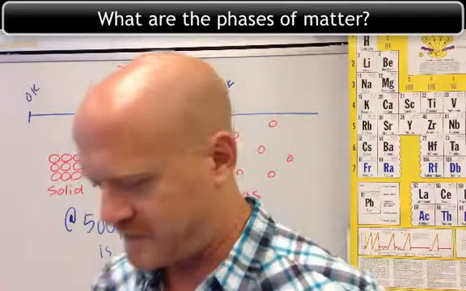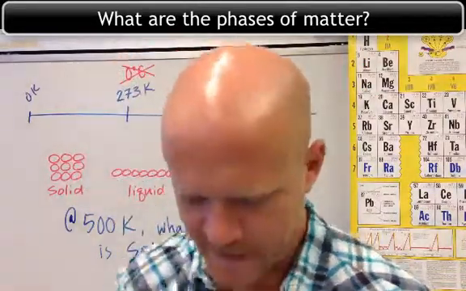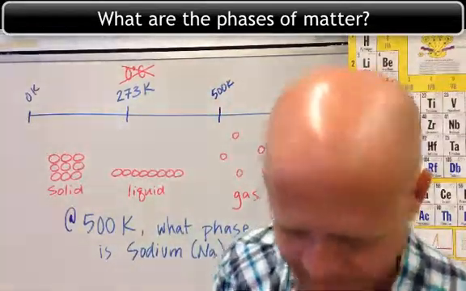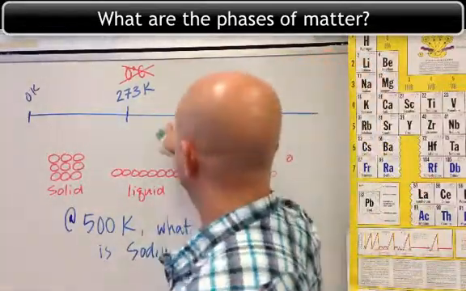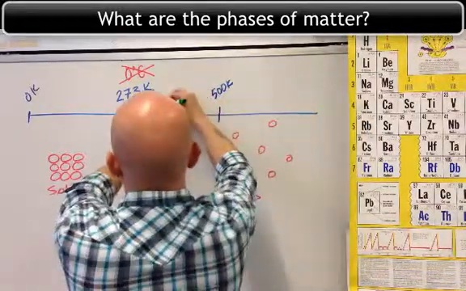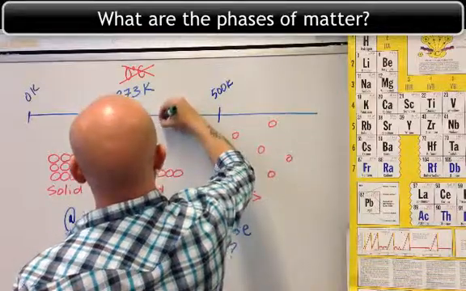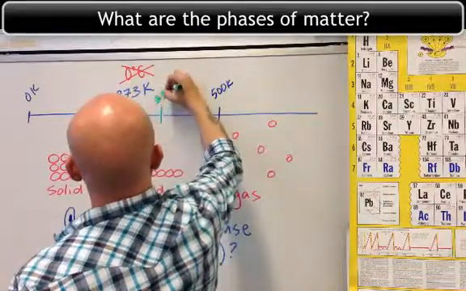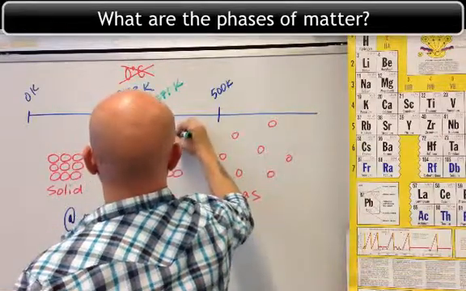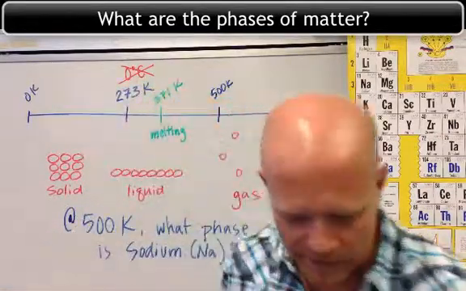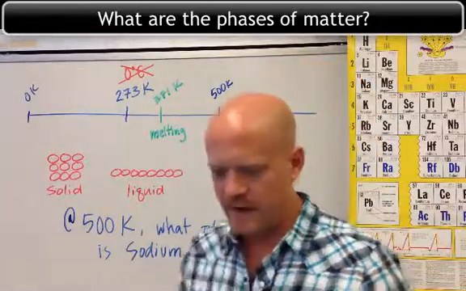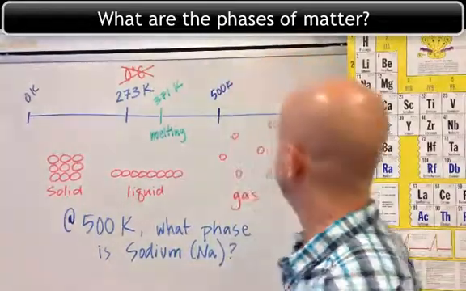The melting point for sodium is 371 Kelvin. So the melting point is 371, which is somewhere in between 273 and 500. So let's put this right here, this is 371 K, and this is melting. Now the boiling point of sodium is 1156.